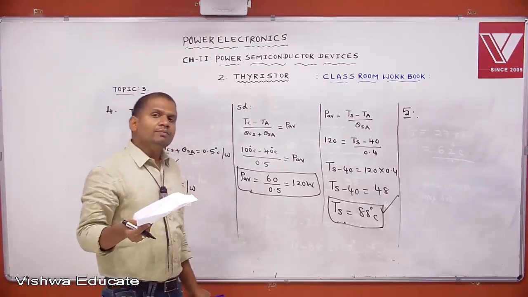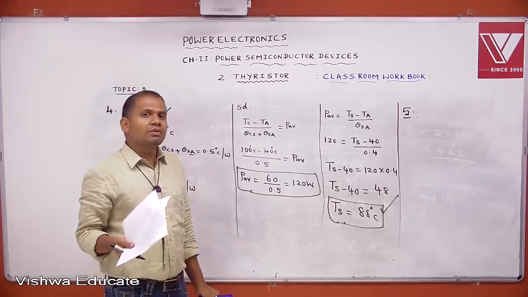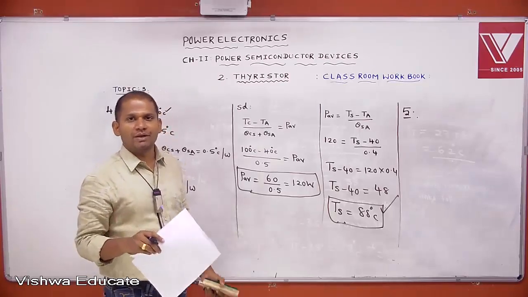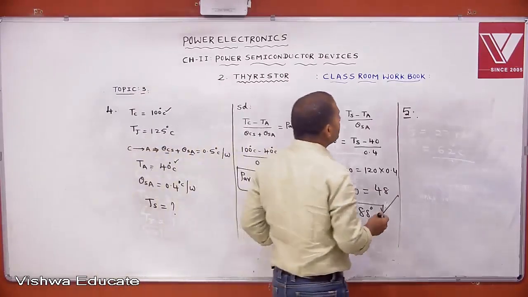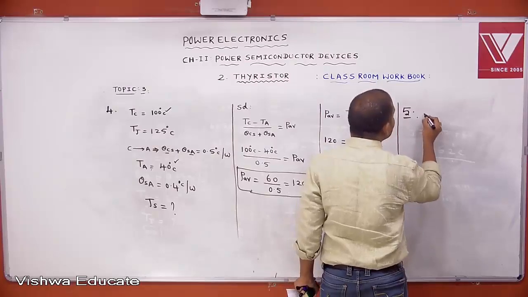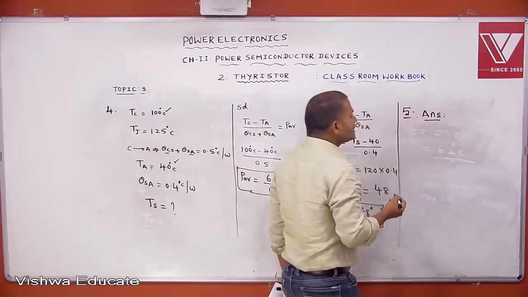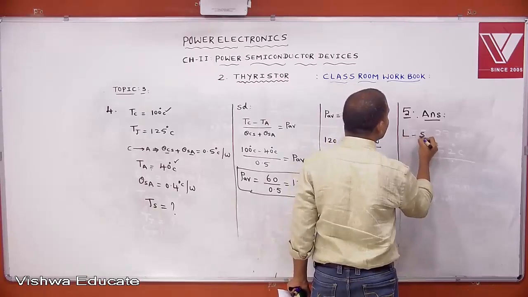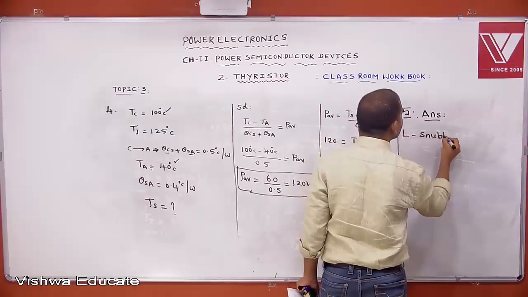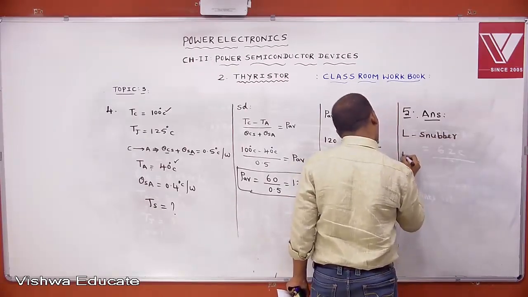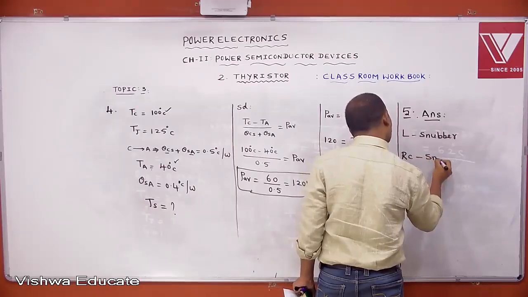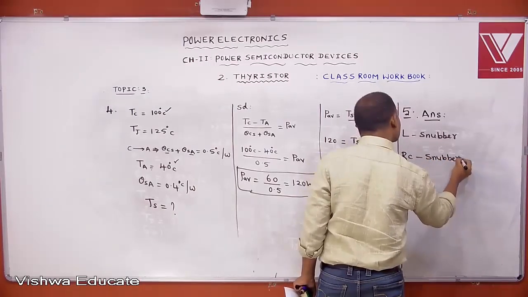It may be L snubber circuit or it may be RC snubber circuit. What is the answer for this one? Snubber circuit means L snubber and RC snubbers.